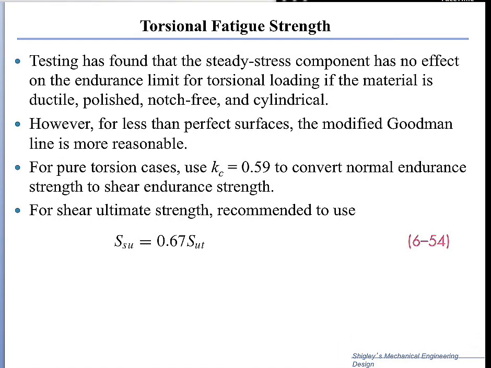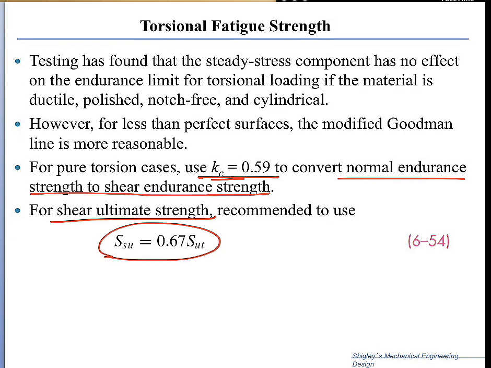So if you look here, we see the torsional fatigue strength is given as: we have the load factor 0.59 to convert normal endurance strength to shear endurance strength. And for the ultimate shear strength, we also use the correlation that the ultimate shear strength is 0.67 of the tensile ultimate strength.